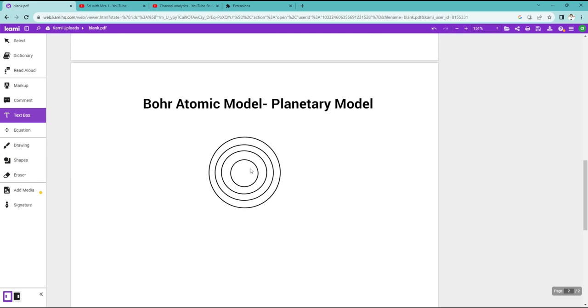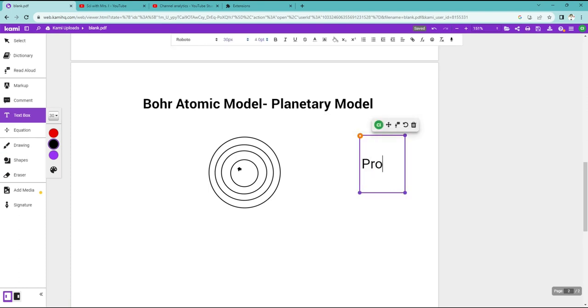And you have two subatomic particles that go in the nucleus. You would have what we call protons, not the best drawing in the world. So in the nucleus, we've got protons. Protons have a positive charge.